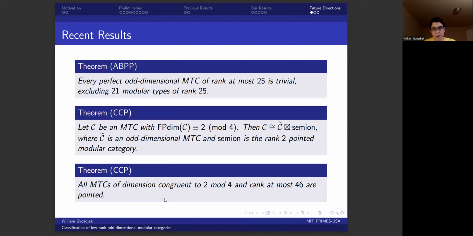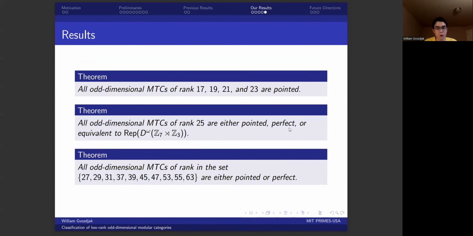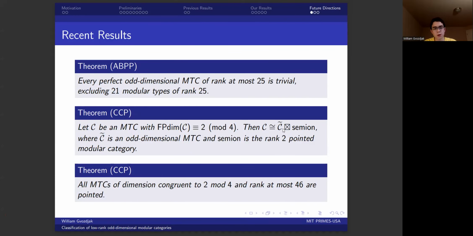As I said, the only case that remains for rank 25 is the perfect case. This result reduces the possible types of this perfect case down to 21 modular types. If we are able to discard all of these, then we have successfully classified rank 25 odd-dimensional modular categories.